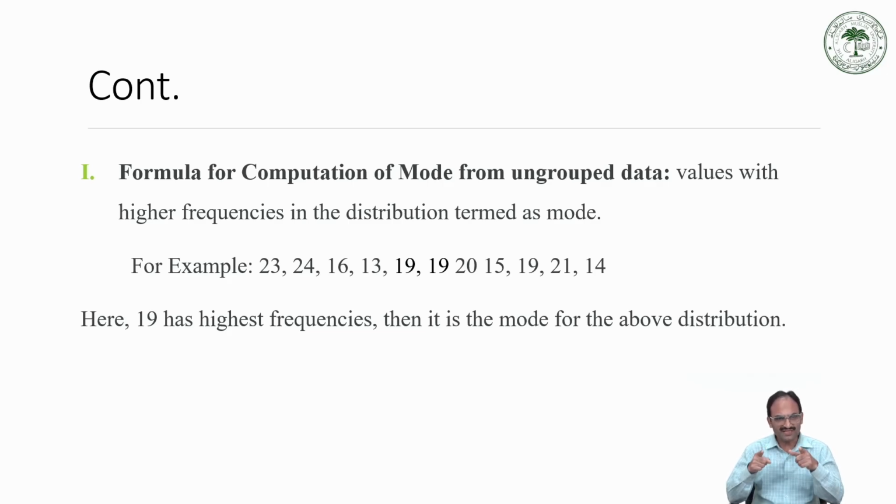So one example is there on the slide. If you see, 23, 24, 16, 13, 19, 19, 20, 15, 19, 21, and 14. So this is a distribution, and you see 19, 19, and 19. So 19 in this data set is appearing most of the time.